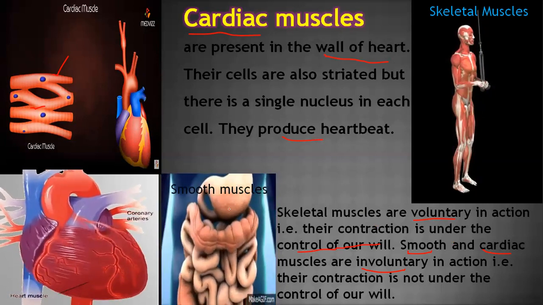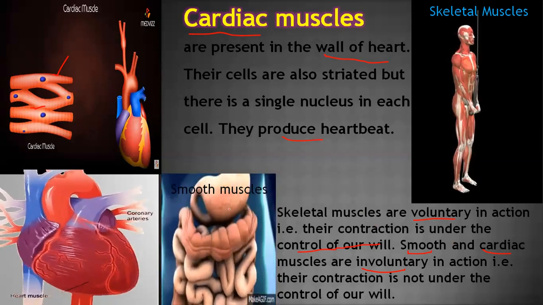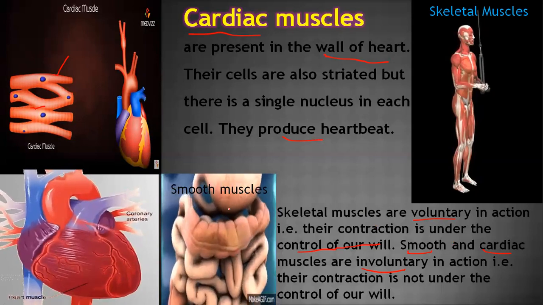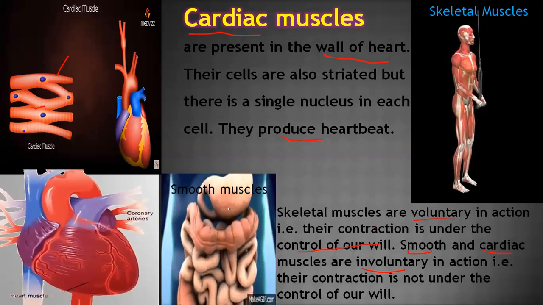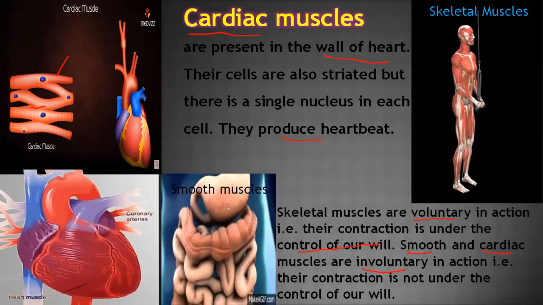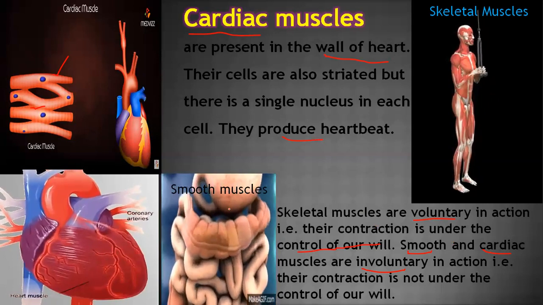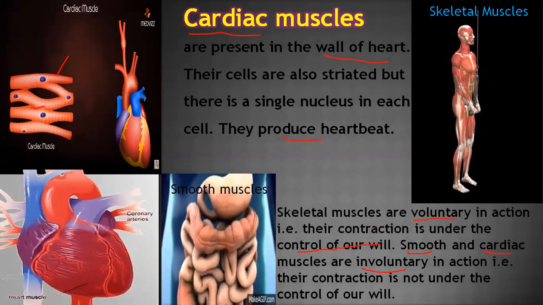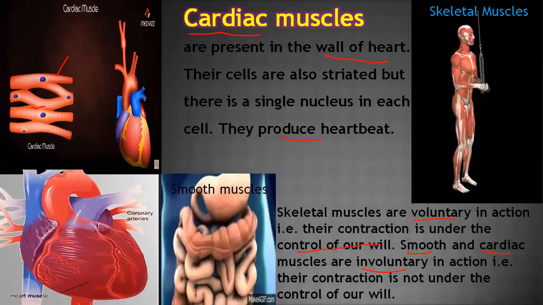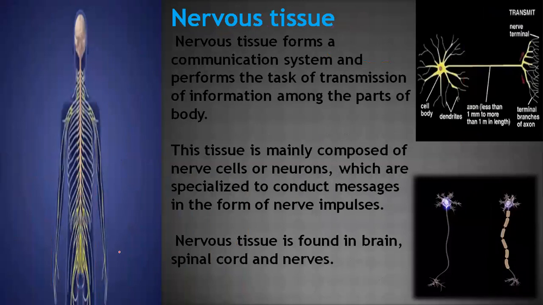From before the birth of the child up to the death, the heart contracts and works at the same rhythm, same time, same duration. Sometimes problems can occur, like heart diseases, so it can be abnormal, but it performs its function on its own. So it is also involuntary. Smooth and cardiac muscles are involuntary, and skeletal muscles are voluntary.